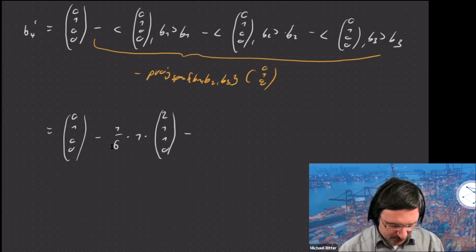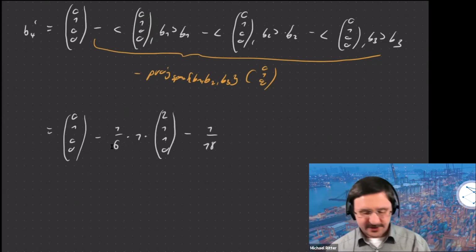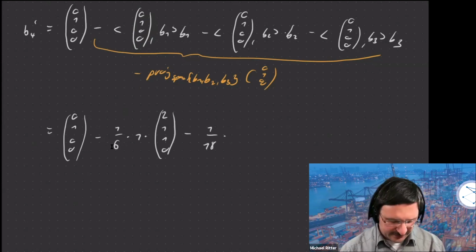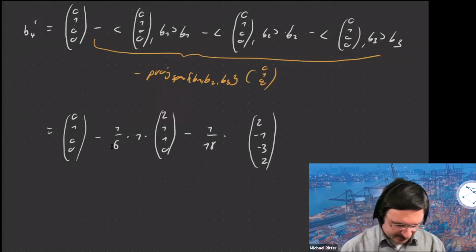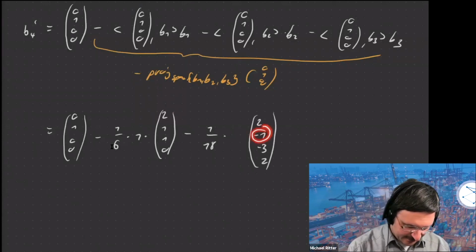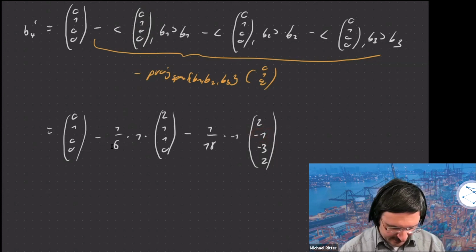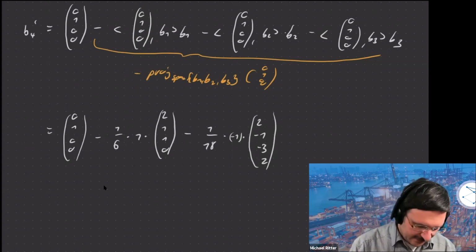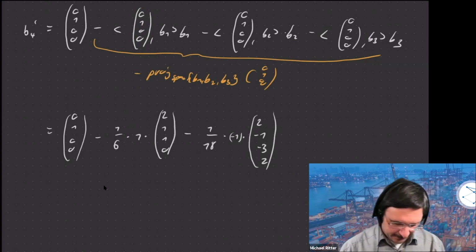Minus B2. B2 was 1 over the square root of 18 something. So if we take out that factor twice, we get 1 over 18 times B2 was 2 minus 1 minus 3, 2. So the second entry is a minus 1. So that's going to be our scalar product here. And finally, we have B3.